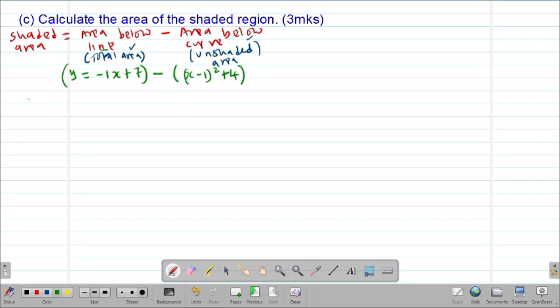So that means we are having y equals negative 1x plus 7. Then we want to subtract.